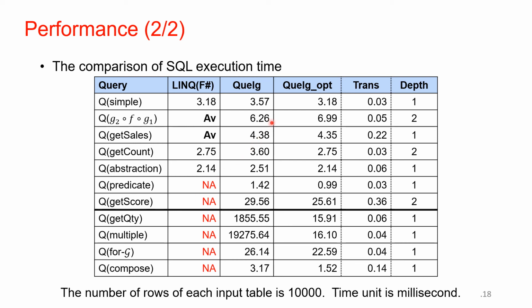On the other hand, our query G can execute all the given queries even without reorganization in this work. Comparing our old method and this work, their execution times do not differ so much for 9 queries. But they have a sharp contrast for QGetQTY and QMultiple.